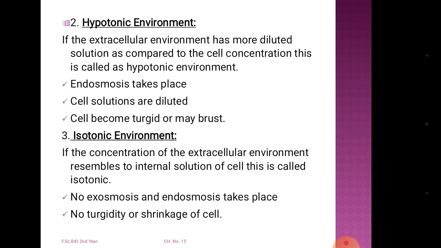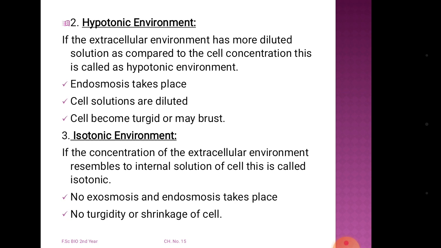In the third category, the isotonic environment, iso means same. If the concentration of the extracellular environment resembles the internal solution of the cell, this is known as the isotonic environment.